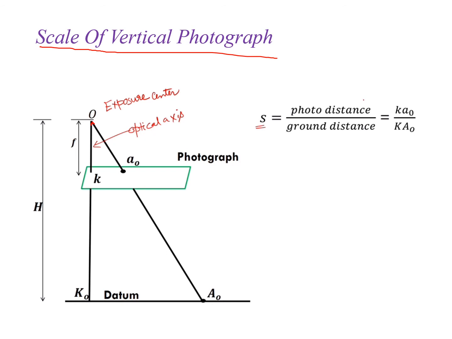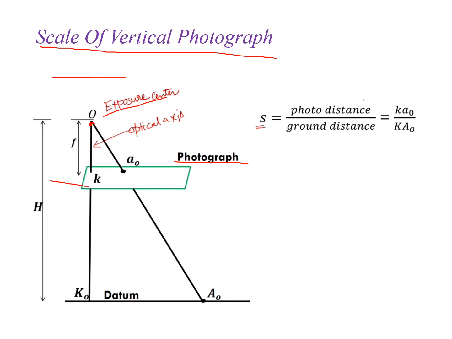Here you have the perspective center, or you can say the exposure center, and here is your negative image plane, and this one is called your positive plane, where after developing we get the photographs.